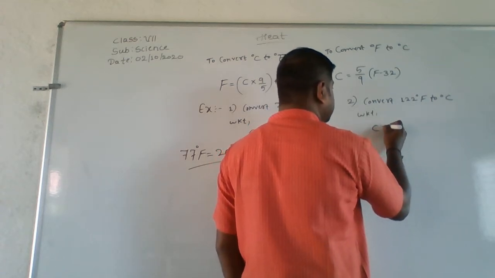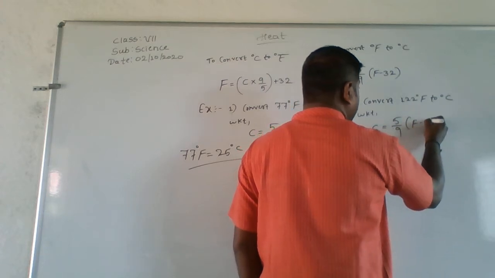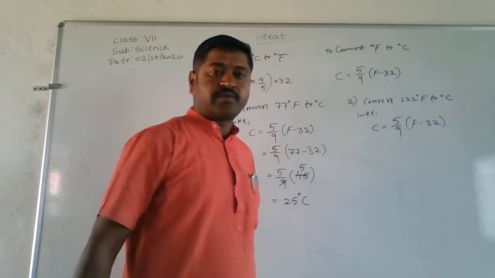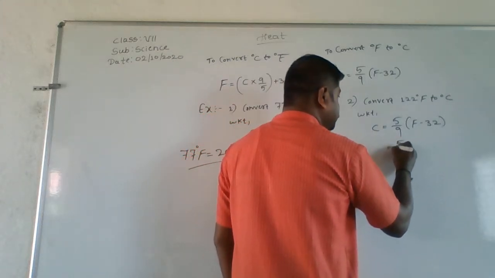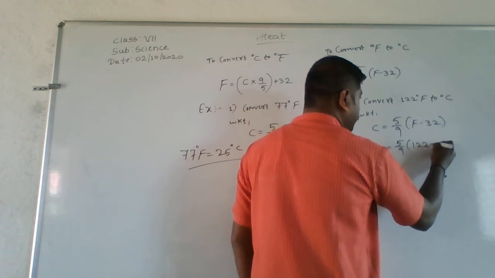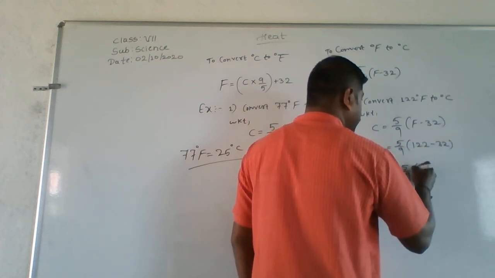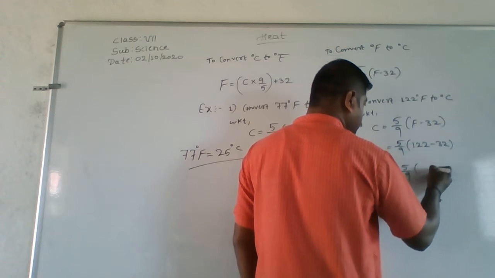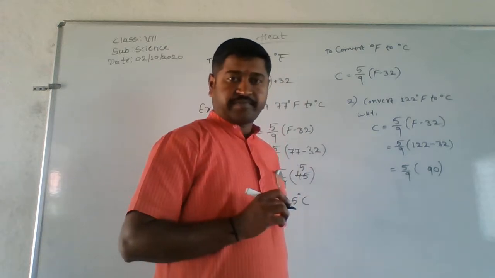We know that Celsius is equal to 5 by 9 into F minus 32. This is the formula. So 5 by 9 as it is, then what is F? It is 122 minus 32 as it is. So we will get 122 minus 32, that is 90.